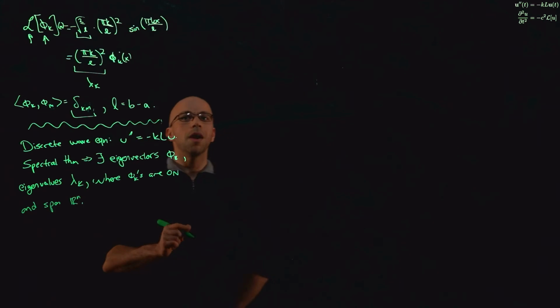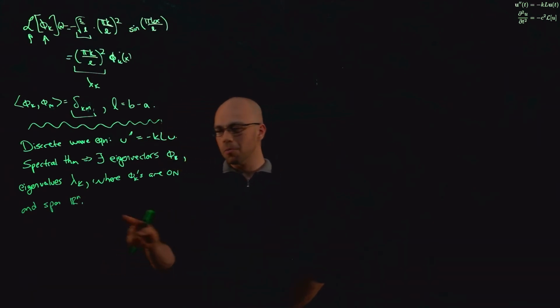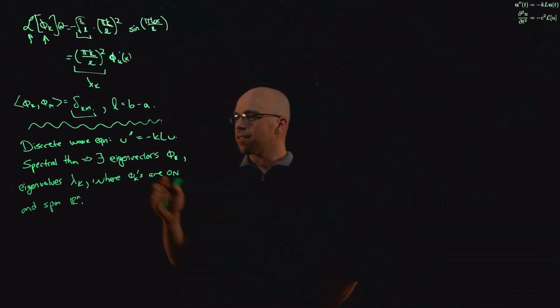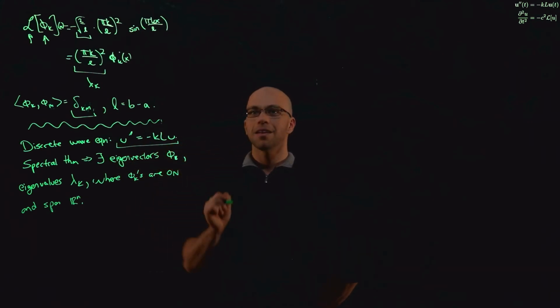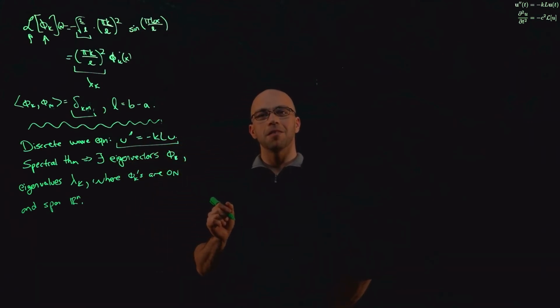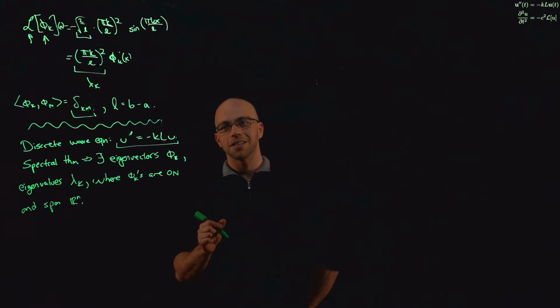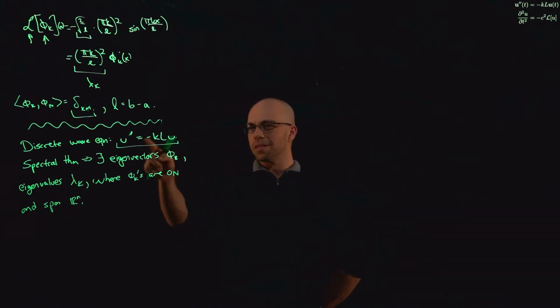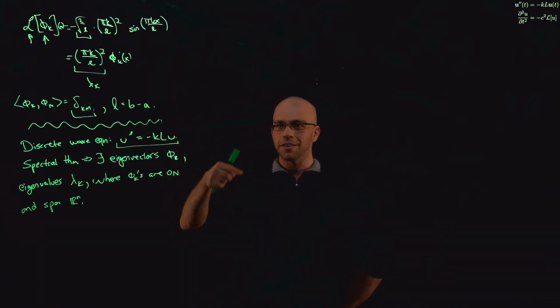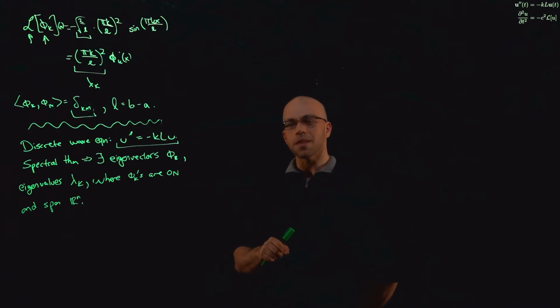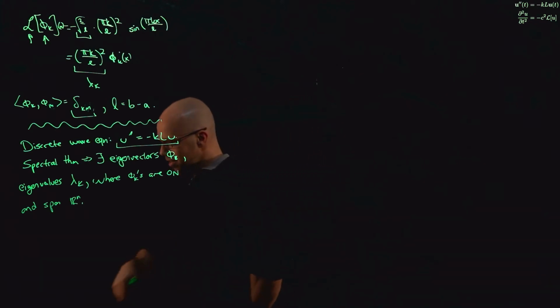Okay, so why is that important? Well, if I'm working in an orthonormal basis, what that means is that I can take u and actually write it in that basis. So u is a function of space and time, or in this case just time, right? Because I'm thinking of space as the different slots of the vector here. And I can write u as a bunch of coefficients.